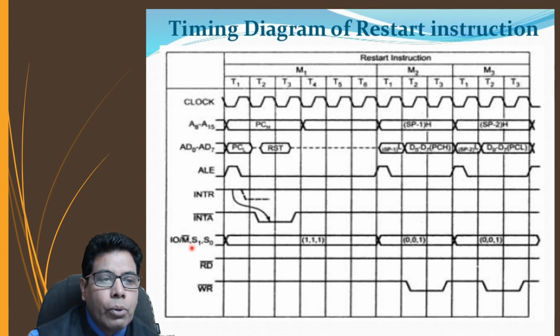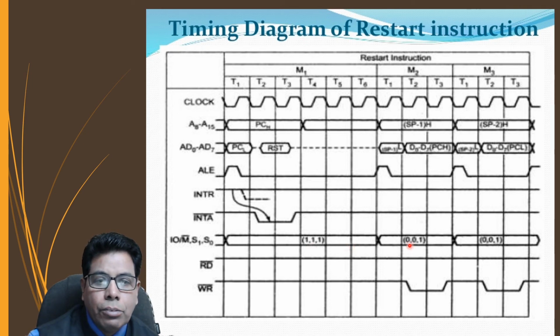And these are the signals IO/M bar and the status lines S1 and S0. So it will have the status as per whether it is the opcode fetch cycle or the other cycles.